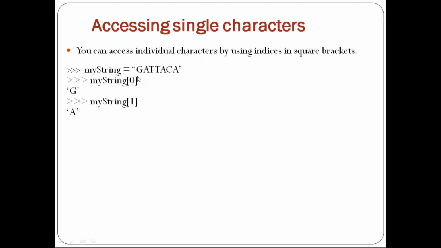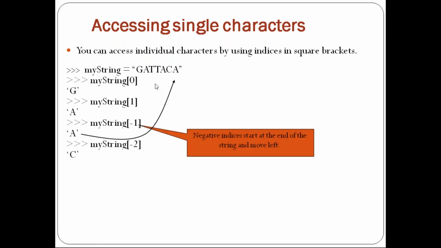My string of 0 will be returning G, and my string of 1 will be returning A. Why? Because string indexing always starts from 0. At the 0th position G will be there, at the 1st position T will be there, and at the 2nd position T will be there. It continues from index 0 to the last character of the string.